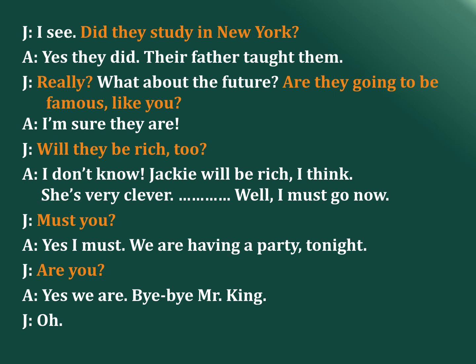One more is really, which is not a question grammatically, but it is short for a question like, is that really true? Also, near the end, must you and are you are short forms about what the actor had said. Notice that he uses the same helping verbs that she used in her sentence.